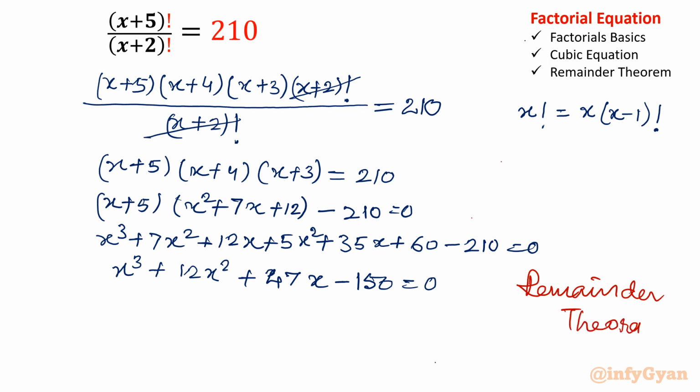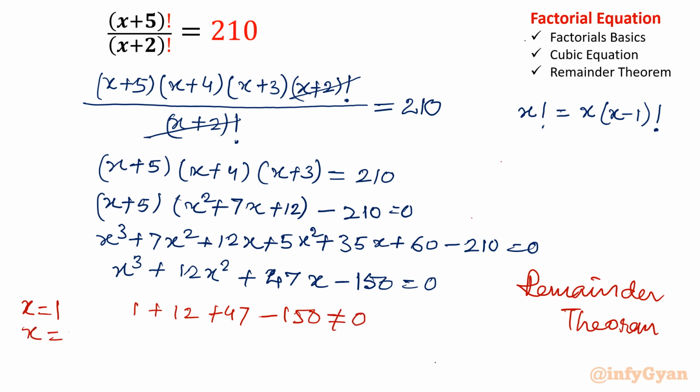You can have other options also, but I will show you how to solve using remainder theorem. We need only one factor of the equation; that is the minimum requirement to apply remainder theorem. If I check for x equal to 1: 1 plus 12 plus 47 minus 150, it is not equal to 0.